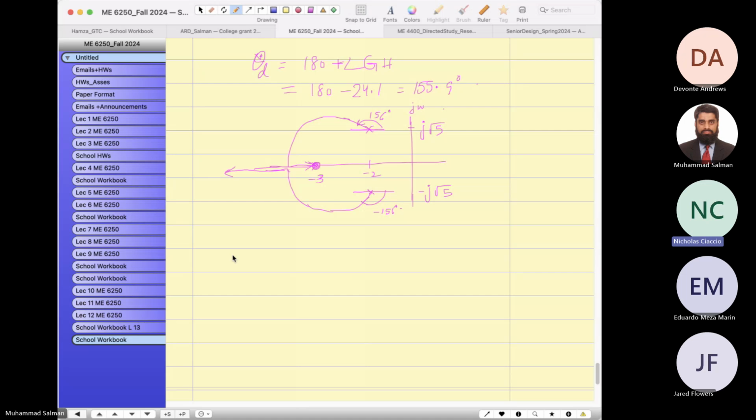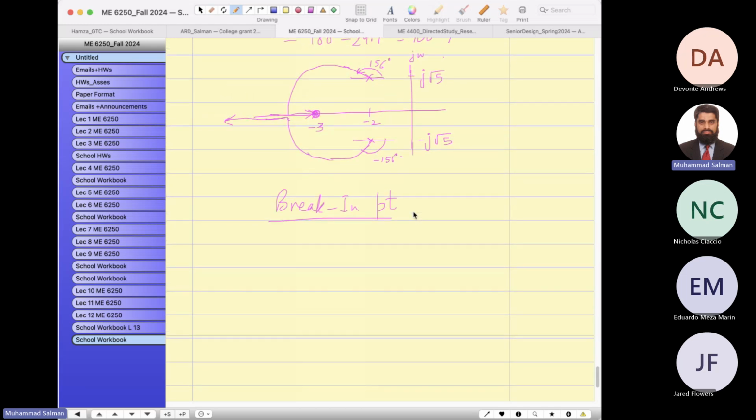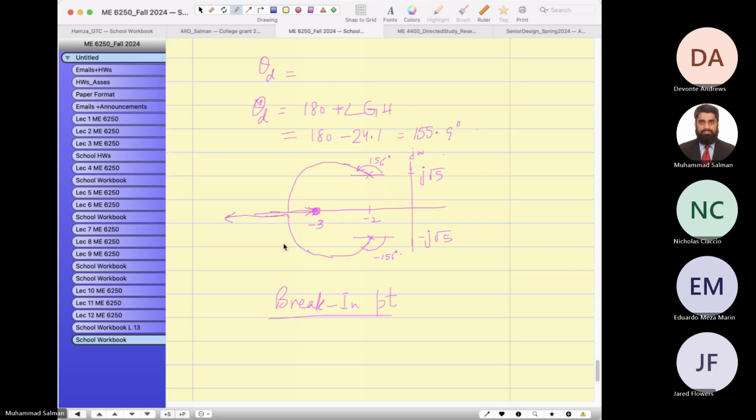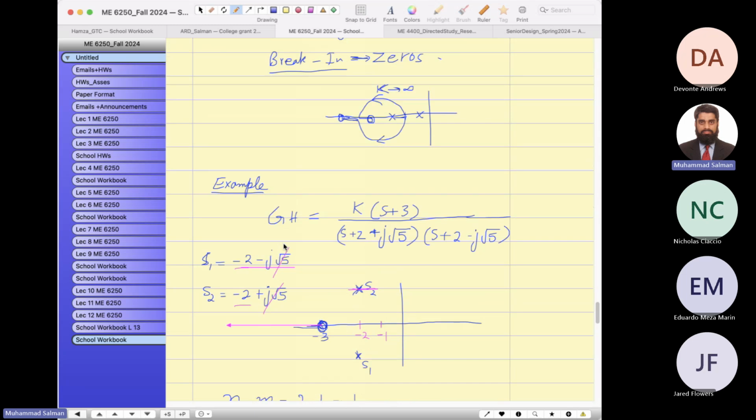How do we know where it intersects the x-axis, though? Oh, the break-in points. This is the break-in point that you can find out. If you are interested, I can find it for you using this equation.